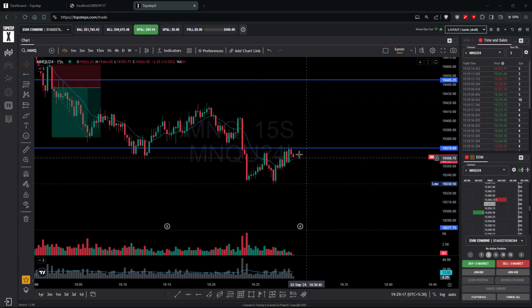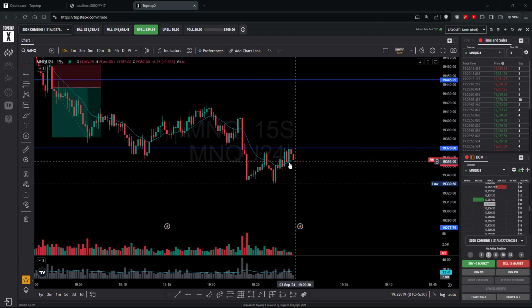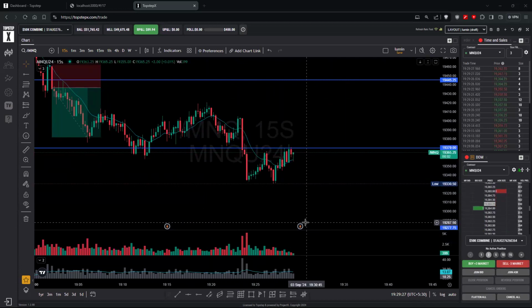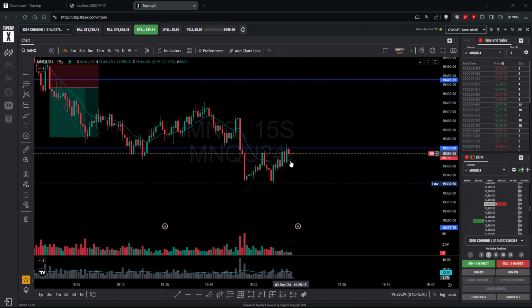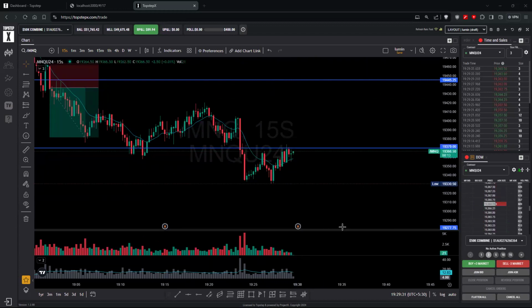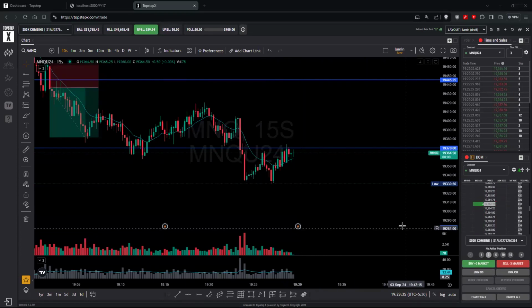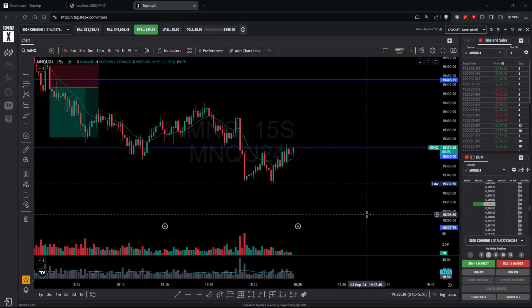So if it breaks this level, I'm going to enter a short, because it will be a break and retest of this hourly level for me. I just need volume when it goes down, and I need volume when it goes up. So both longs and shorts are possible around this level. Let's see what the market does.